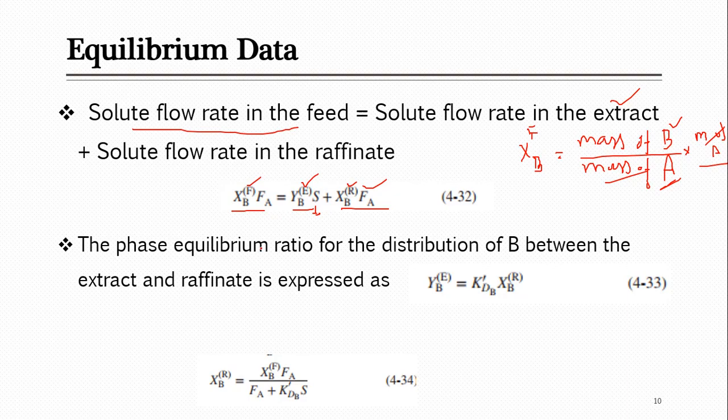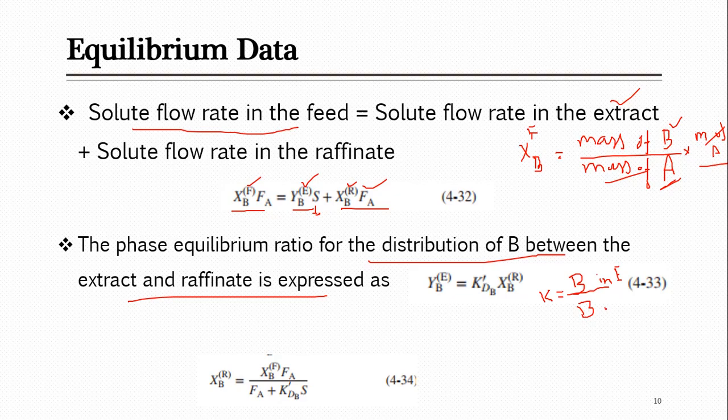So next we define something from where we started our lecture, the distribution constant K. That is the phase equilibrium ratio for distribution of B between extract and raffinate, and if you remember, K was equal to the concentration of your solute, which is B, in the extract over the concentration of B in the raffinate. Here I am representing concentration of B in extract with E, and B in raffinate.